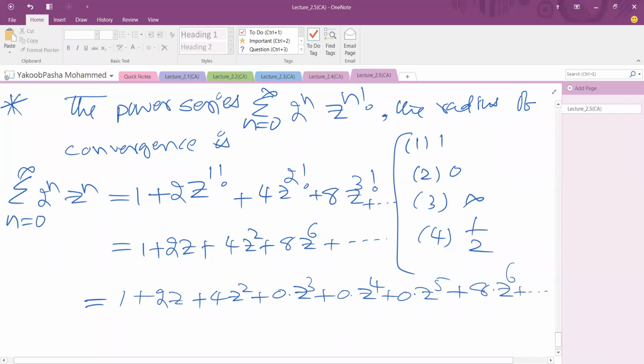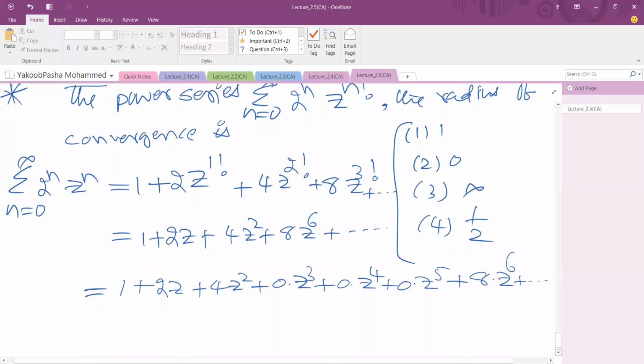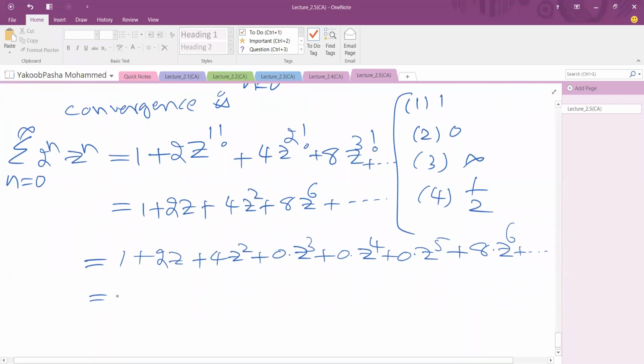Okay. So this is equal to, we can write 1 plus 2 into z plus 2 into 2 power 1 into z power 1 factorial. 4 can be written as 2 square into z power 2 factorial plus 0 into z cube, keep it like this. 0 into z power 4, keep it.